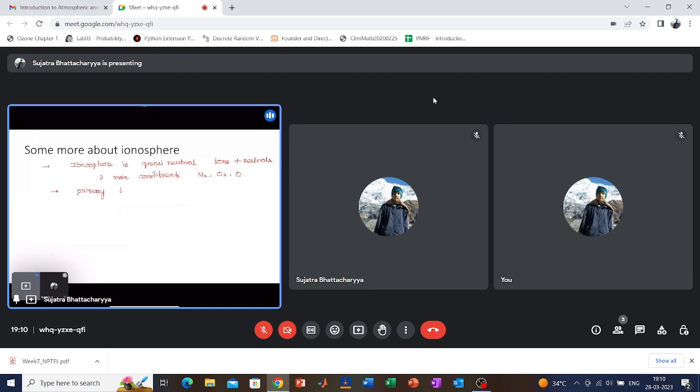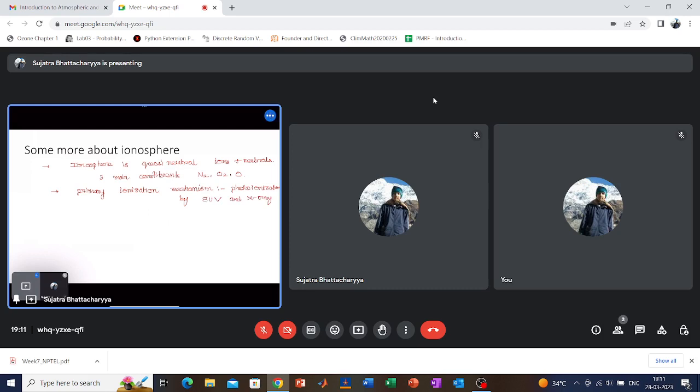So primary ionization mechanism is photoionization by EUV, extreme UV radiation and X-rays. Or of course for the D layer it is that alpha radiation which is also there.